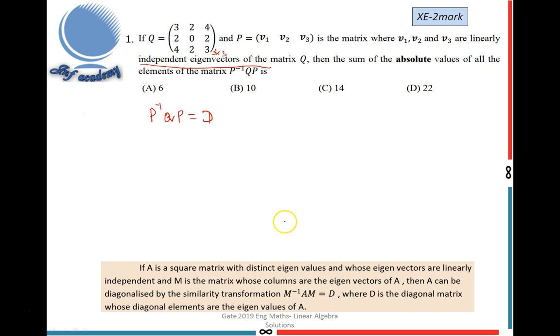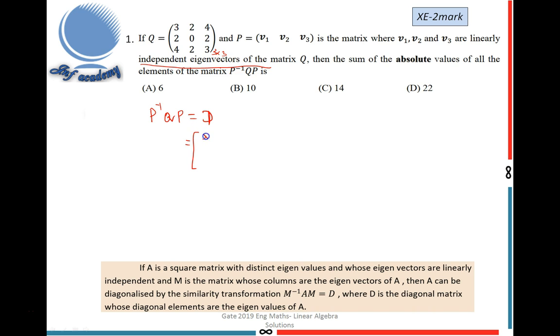By using that process, I can write P inverse QP equal to D, because here the eigenvectors of Q are linearly independent. Here D is the diagonal matrix. That means only the principal diagonal elements are numbers, other elements are 0. Those diagonal elements are the eigenvalues.